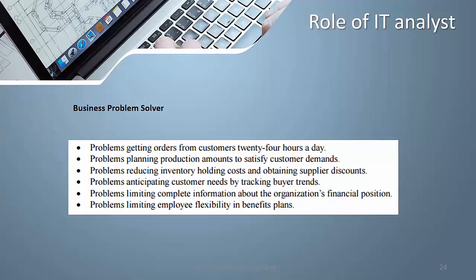For the last one year, how many pieces are you selling per day? Then you come up with a trend, right? Based on that trend, you will plan your factory, you plan your production.